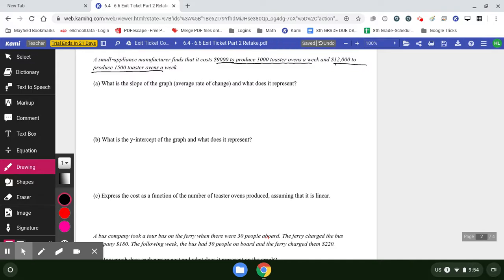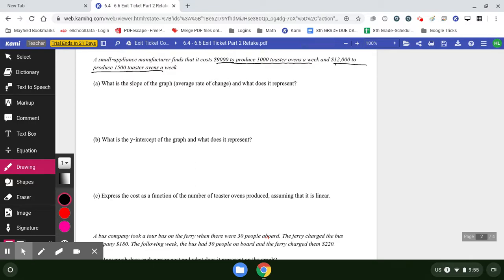So the first question is, what is the slope of the graph, average rate of change, and what does it represent? Well, I need to look at what are my 2 points. Okay, so $9,000 for 1,000 toasters, and $12,000 for 1,500 toaster ovens.